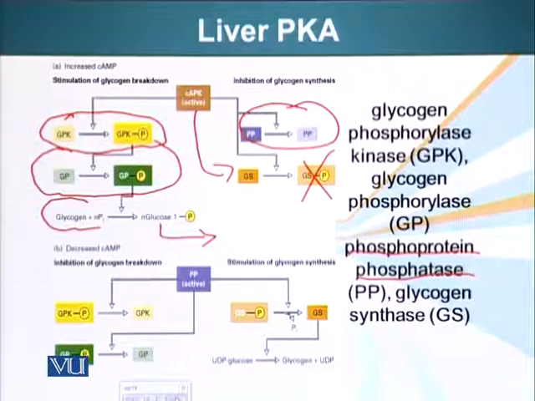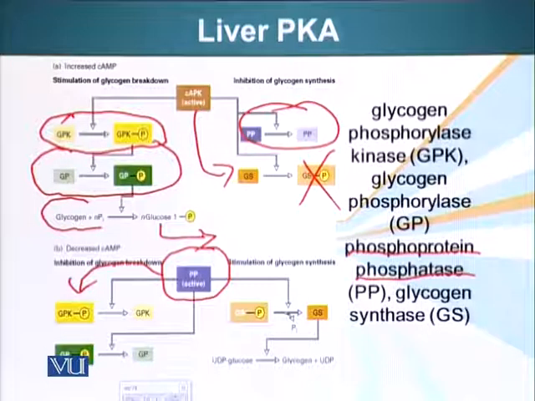Once the PKA response is terminated, PKA has become inactive. Phosphoprotein phosphatase is no longer suppressed. It removes the phosphate groups from GPK and GP, glycogen phosphorylase kinase and glycogen phosphorylase. They both lose their phosphate groups. And it also removes the phosphate group from glycogen synthase, making glycogen synthase active.